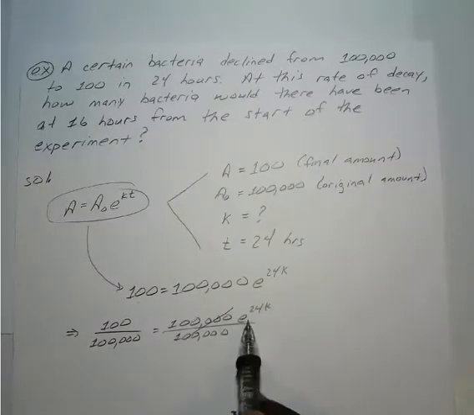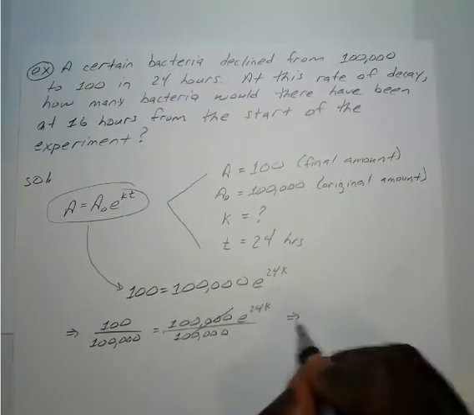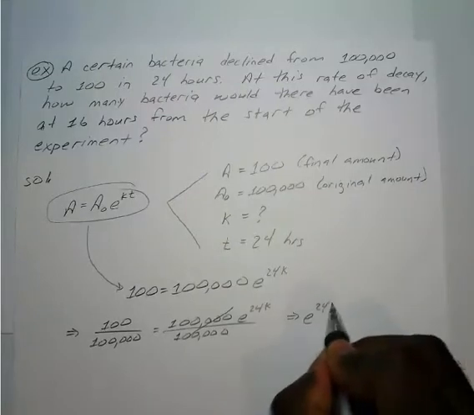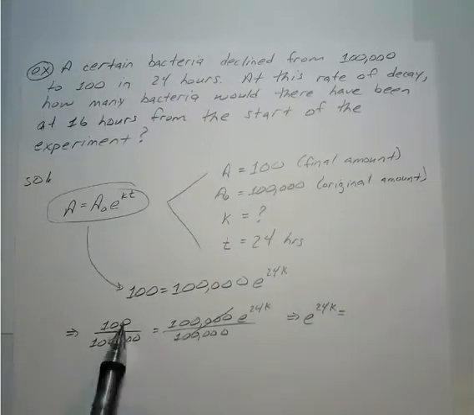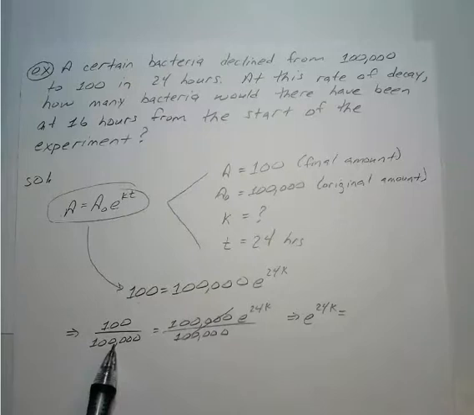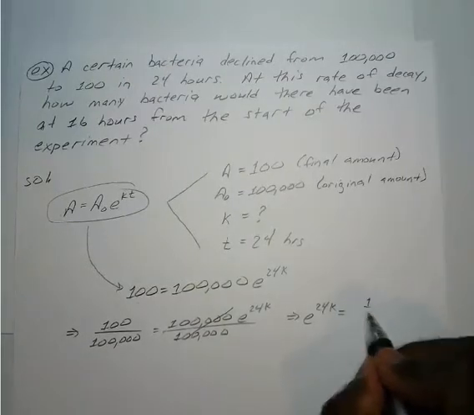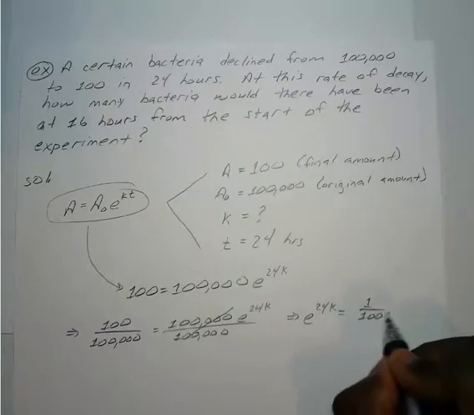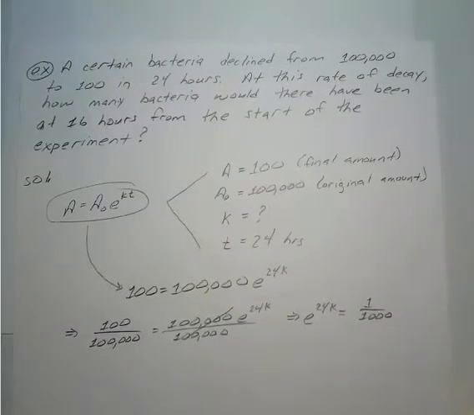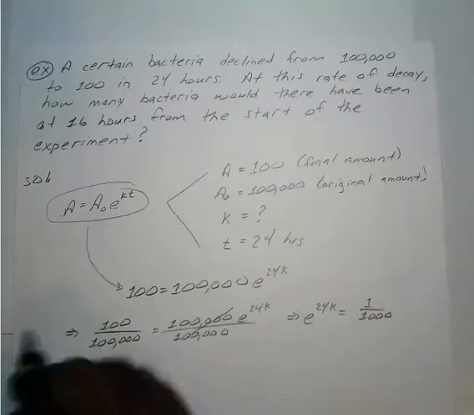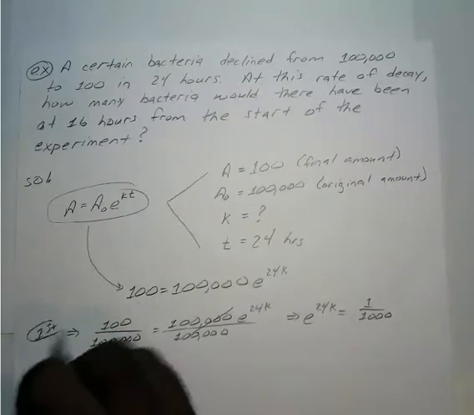So you have e to the 24k equals 100 divided by 100,000. That simplifies to 1 over 1,000. Okay. So remember, that was your first step, to isolate.